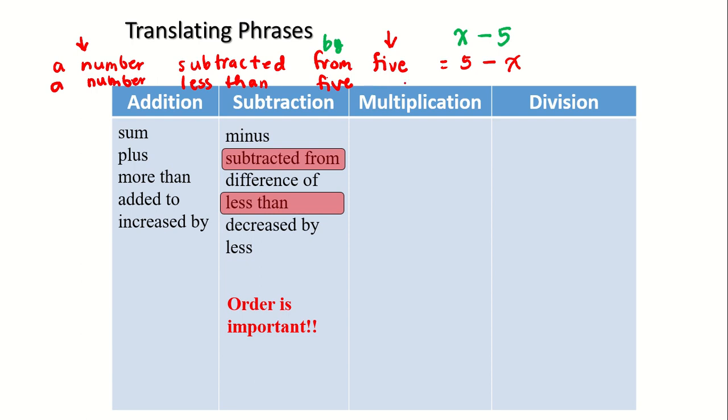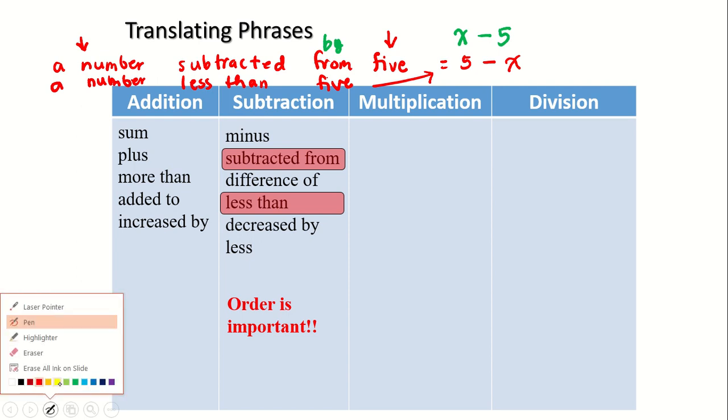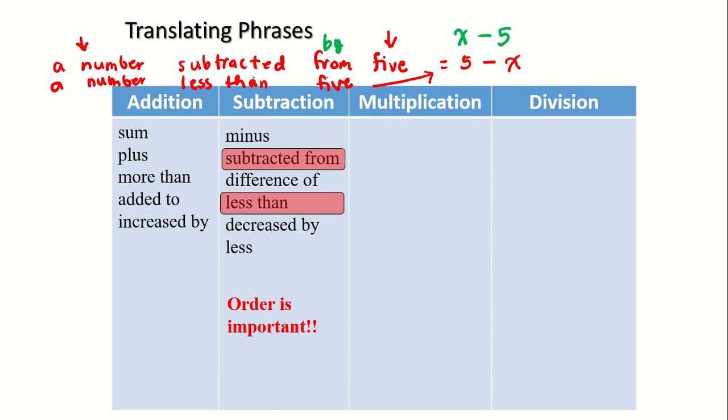So the representation is 5 minus x. However, if there's no than, and it is only less 5, a number less 5, the representation is x minus 5. That is very important when it comes to translating phrases.